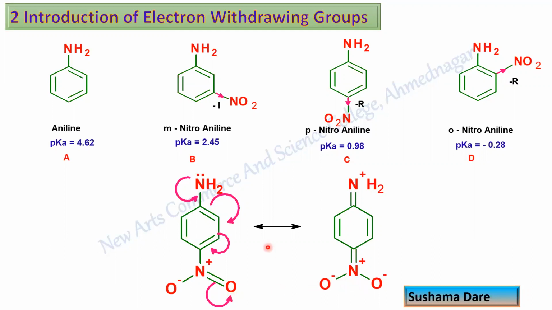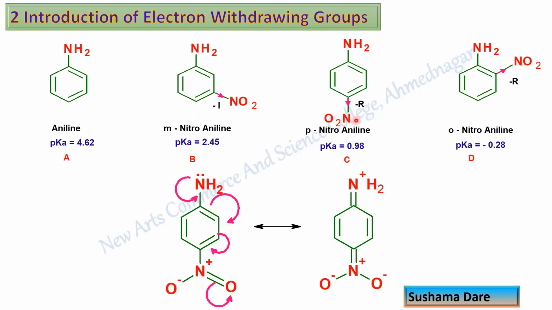Because of this resonance, there is now a positive charge on nitrogen. Positive charge means no electron density on this nitrogen. So as the electron density is not available on this nitrogen atom, it won't donate its electron density to a proton, and hence the basicity decreases.